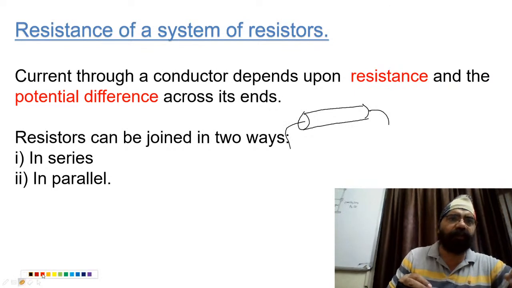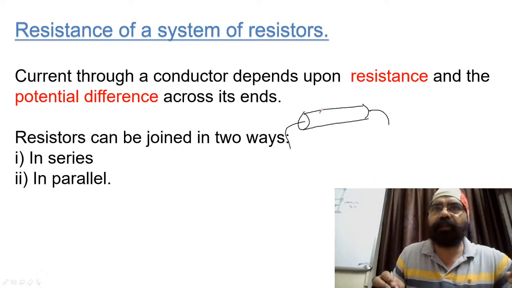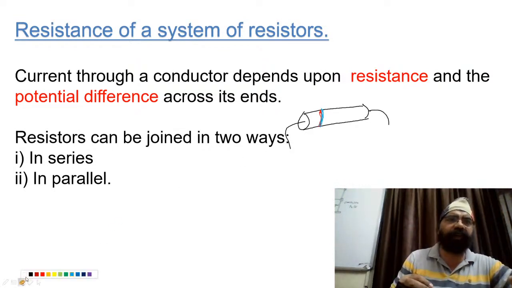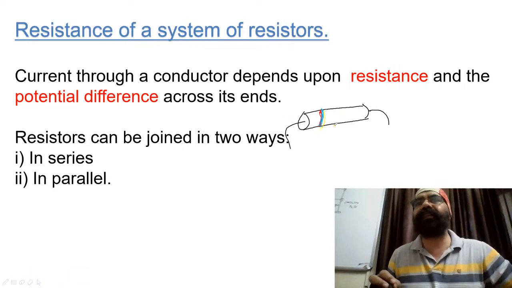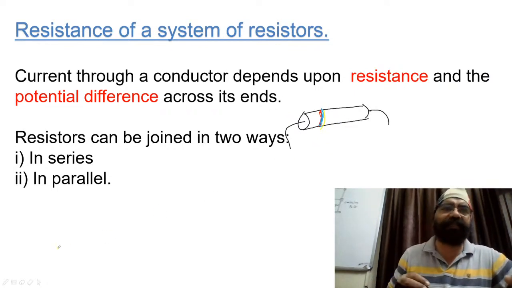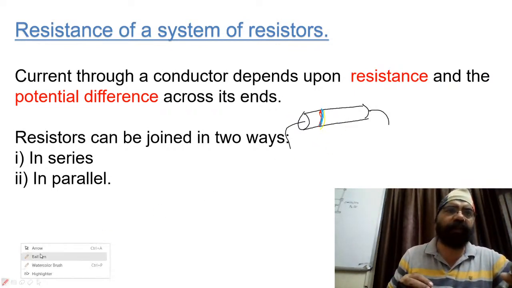On this you have different color bands like this. So what are these? These are known as resistors.